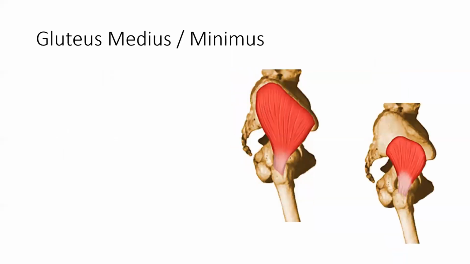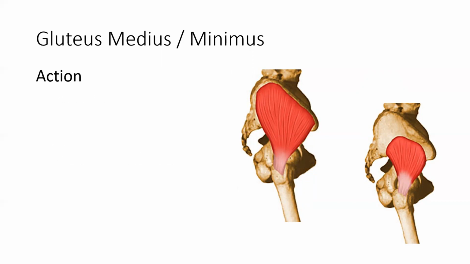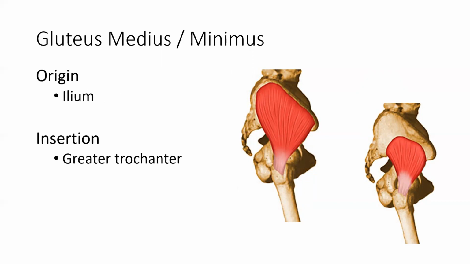We look at the other two gluteal muscles, because we have three gluteal muscles, gluteus maximus, gluteus medius, and gluteus minimus. Gluteus medius and gluteus minimus both have origins on the ilium. Gluteus medius has a superior origin on the ilium, and gluteus minimus an inferior origin on the ilium, and then they both insert on the greater trochanter.